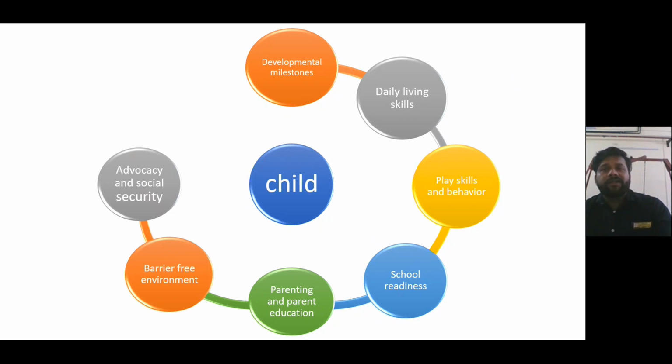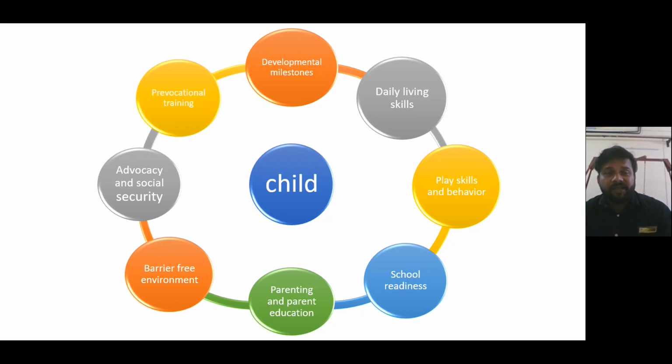We educate them. For example, there are many kinds of schemes, so we give the parents appropriate knowledge to get as much benefit as possible. So we advocate by giving the assessment and the appropriate directions or referral, so that they can get the maximum benefit out of it.